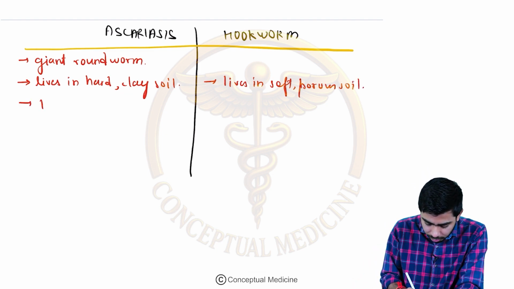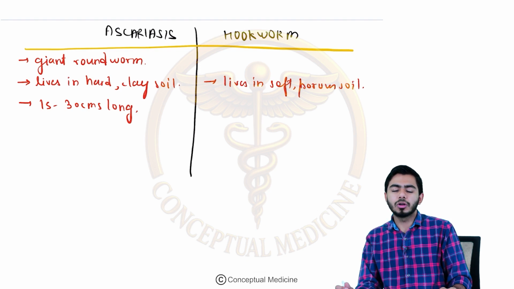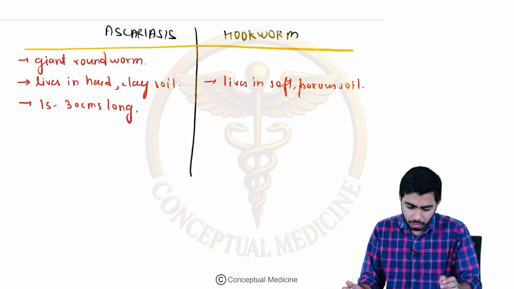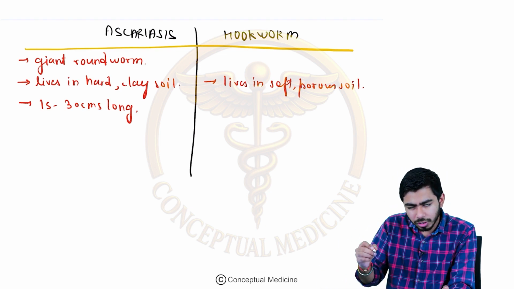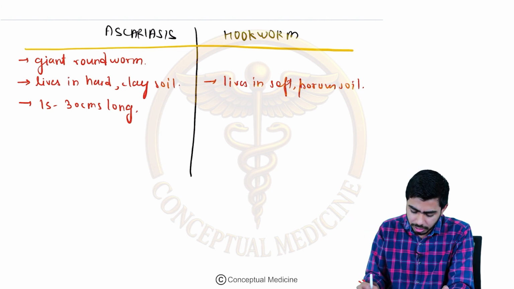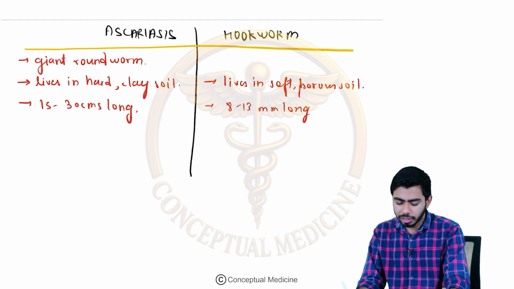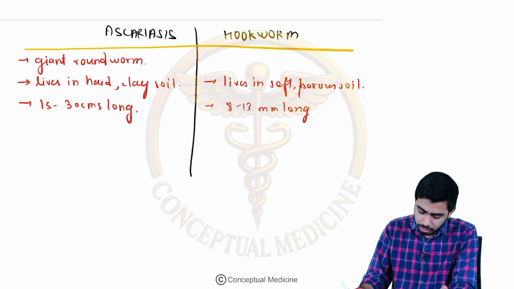As far as length is concerned, hookworms are particularly short as compared to ascaris, about 8 to 13 mm long approximately.